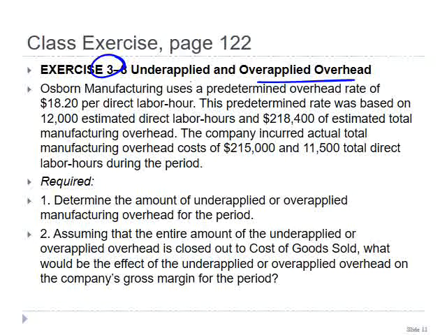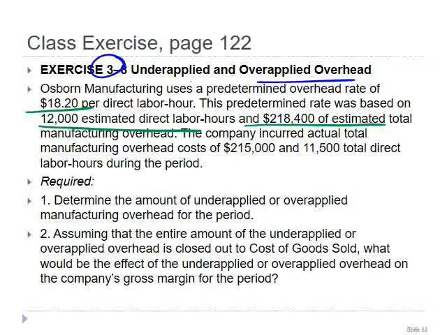So the question states that Osborne Manufacturing uses a predetermined overhead rate of 18.20 per direct labor hour. The predetermined overhead rate was based on 12,000 estimated direct labor hours and 218,400 of estimated total manufacturing overhead.